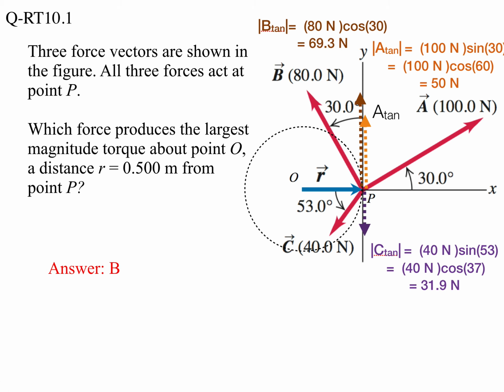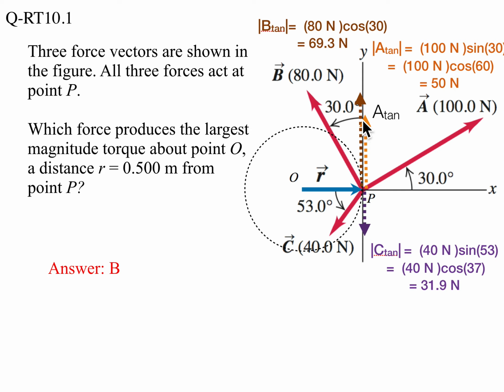You can plug in all the numbers to figure out the tangential component of A. This is a 100 Newton force. This is a 30-degree angle, so I need to use sine of 30, or I could use cosine of 60 to figure out the magnitude of that component, and that's 50 newtons. For force B here, that's an 80 Newton force at an angle of 30 degrees, so I can use cosine here because it's adjacent to this angle.